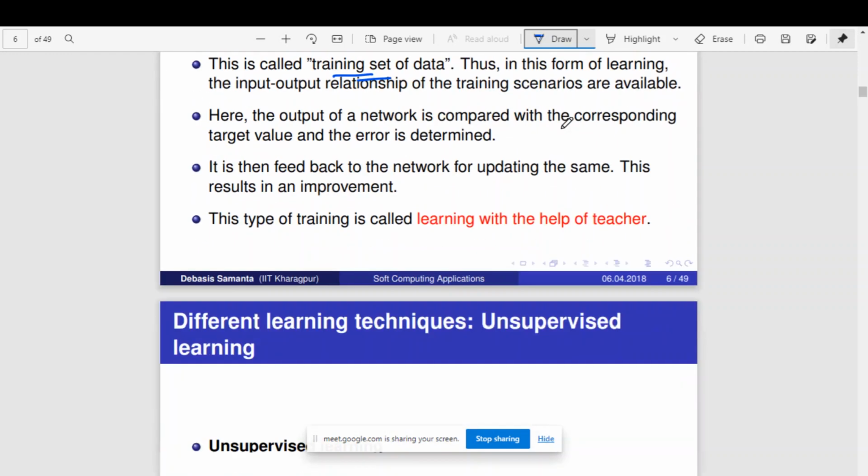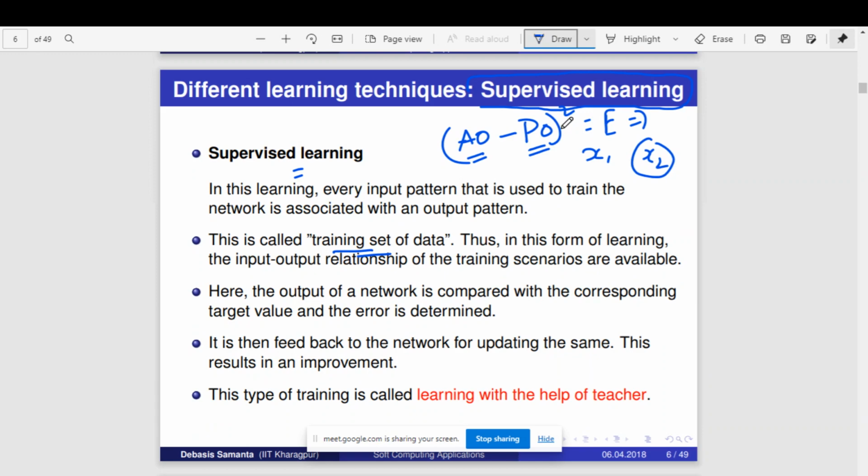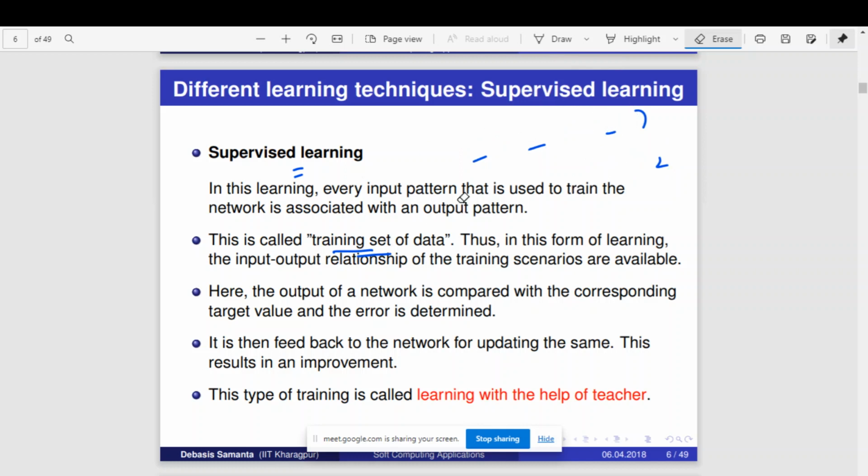If you want me to explain further, the logic is, say for example, I will take one small neural network. Assume that this is x1, this is x2, and this is w1, this is w2. This is an activation function, which is sigma wi xi.